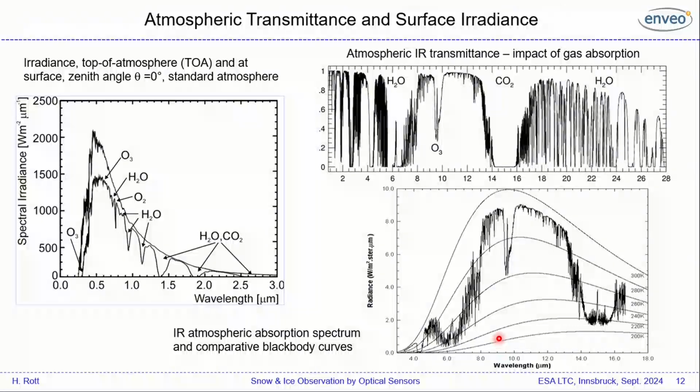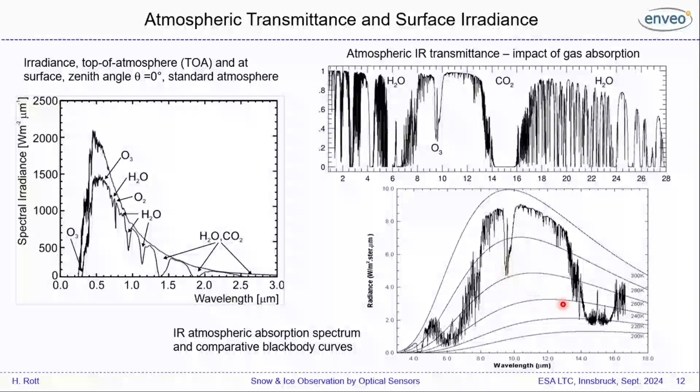And this is the radiance emitted from a surface, in this case without atmosphere, and with the atmospheric contribution. And these are the black body curves, and you can see again here the atmospheric window. There are also absorption lines within this so-called atmospheric window.